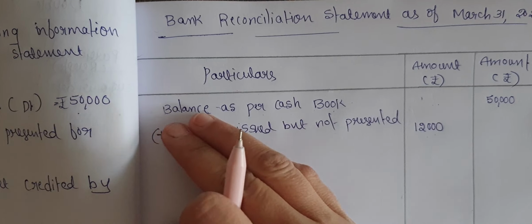And in the same way, but not yet presented for payment means that check is not presented for payment in the bank. Will there be any entry in the passbook?